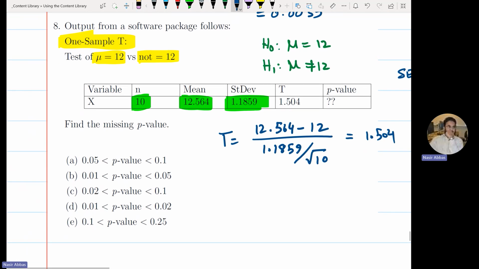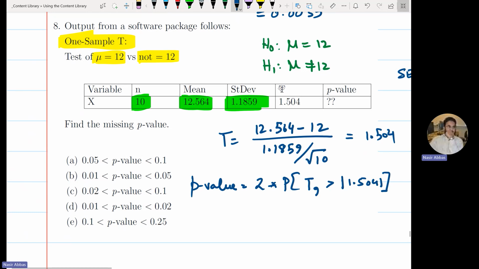So for the p-value, you need to look at the sign of H1. What is the sign of H1? Two-sided, so 2 times P(T9 more than absolute of 1.504). Now go to the T distribution with 9 degrees of freedom and look for the area above 1.504.